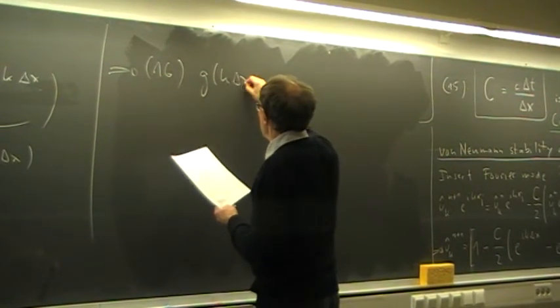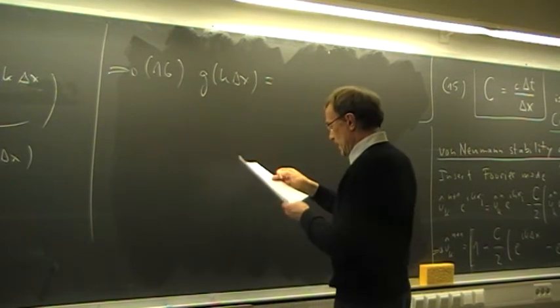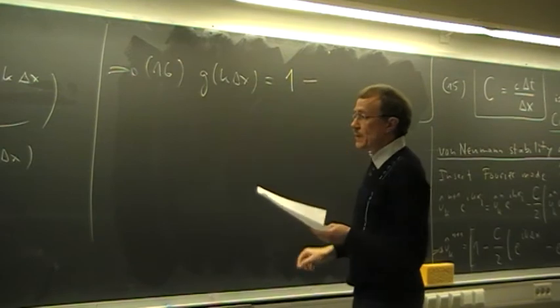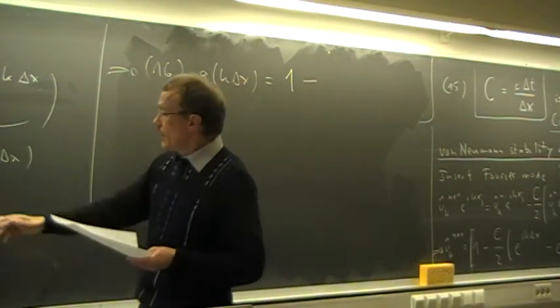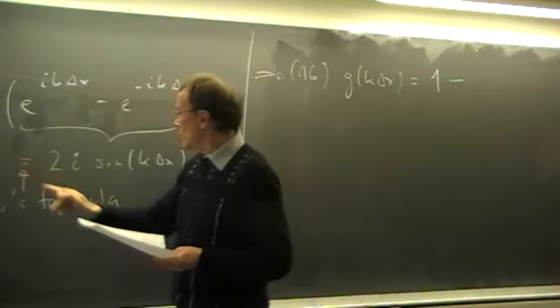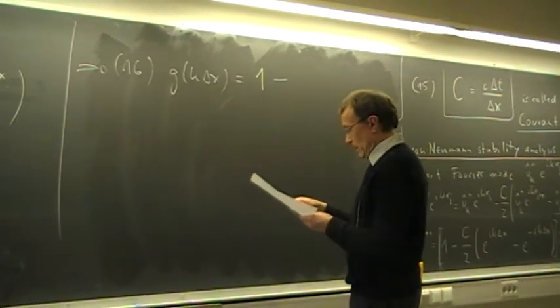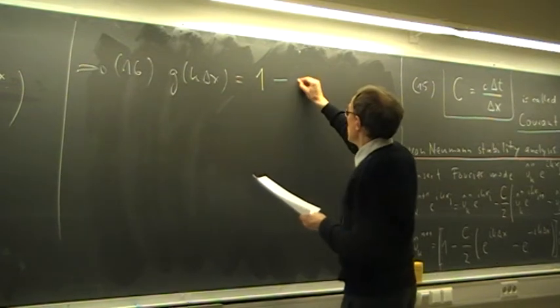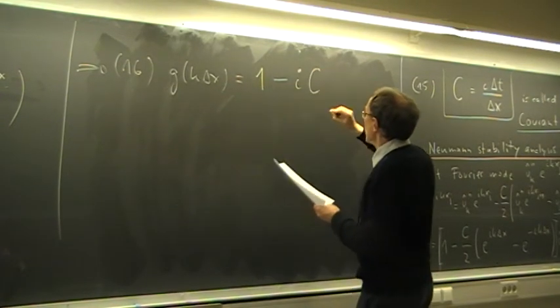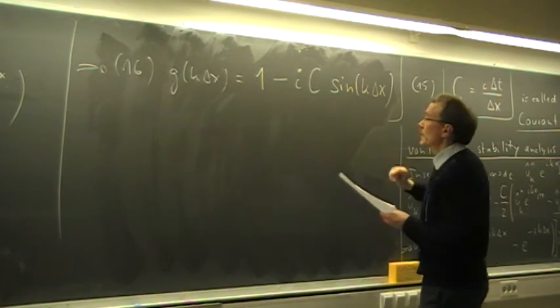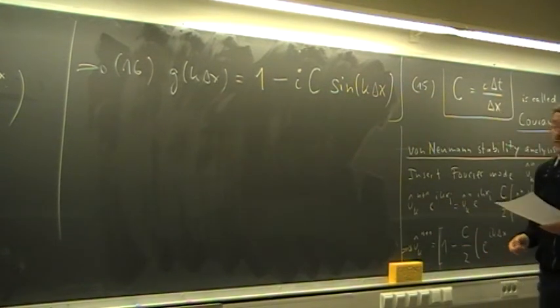The amplification factor can be written as 1 minus, here the 2 cancels, so we get the Courant number, here we have I times sine of k delta x. So we write the imaginary unit first, Courant number, and the sine of k delta x. So that is our amplification factor.